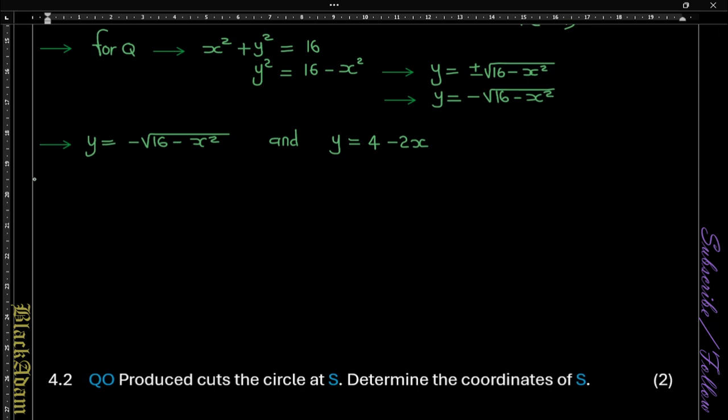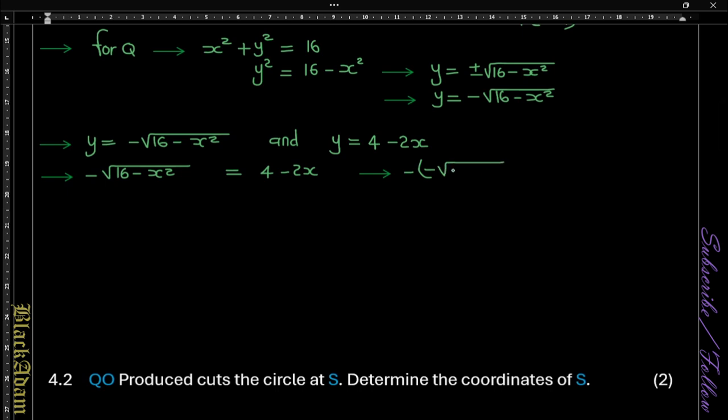So the y in both equations is the same, so we equate the two equations. That's negative root 16 minus x squared is equal to 4 minus 2x.